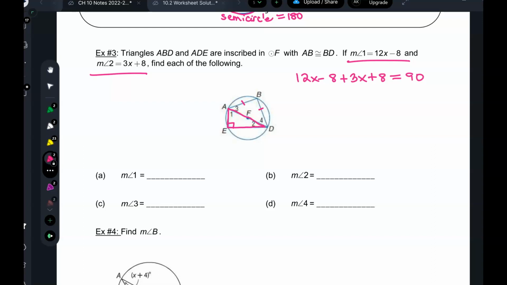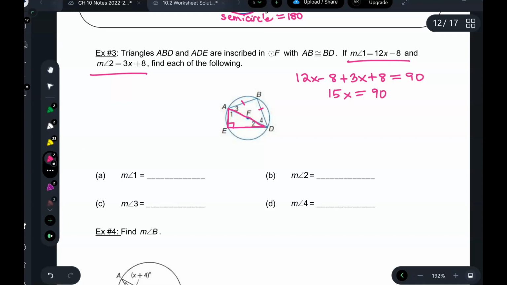Okay. Oh, this is nice because the 8's just cancel. 15 into 90. 6. So when we want to find angle 1, we're going to plug 6 back in.